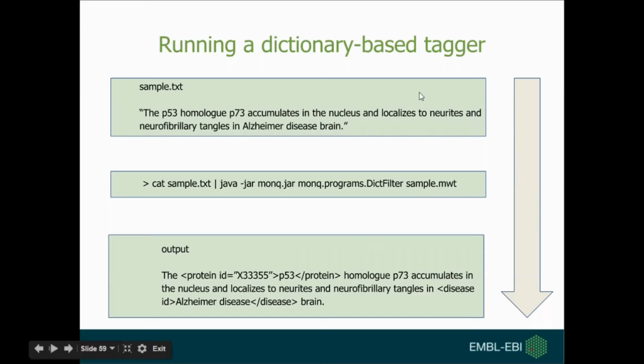Here I put one sentence in a file, sample.txt. Then on a Linux machine, you can run your tagger on that particular sample file. This is the Java command you can use once you download the Monq jar library and once you have your own dictionary.